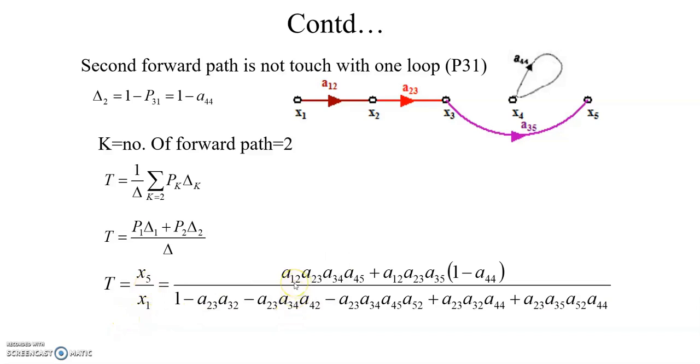That is equal to 1 by delta times A12, A23, A34, A45 plus A12, A23, A35 into 1 minus A44, divided by 1 minus A23, A32 minus A23, A34, A42 minus A23, A34, A45, A52 plus A23, A32, A44 plus A23, A35, A52 and A44. This is the overall transfer function for the given signal flow graph model.